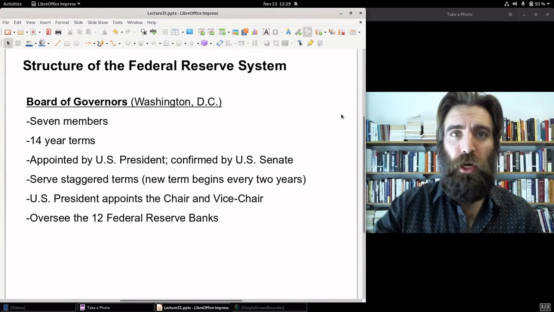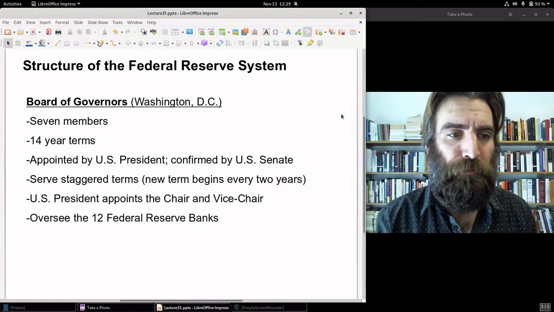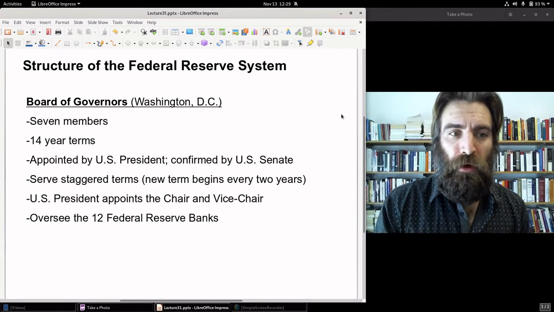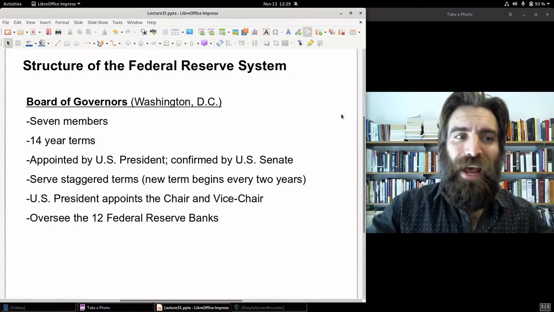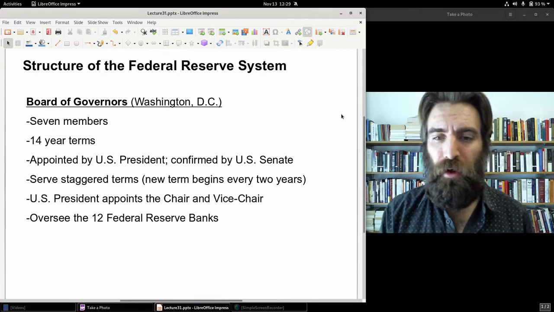So a chair can be reappointed. This happened with Ben Bernanke. It happened with Alan Greenspan. And the main charge of the Board of Governors is to oversee the 12 Federal Reserve District banks, and then all 7 members of the Board of Governors serve on the FOMC, the Federal Open Market Committee.